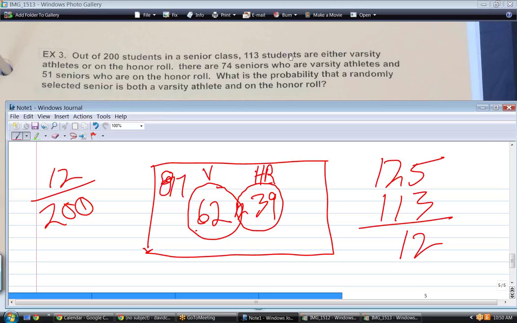If 113 students are either varsity or on the honor roll, then there's 87 that are on neither. And yeah, this fits everything.